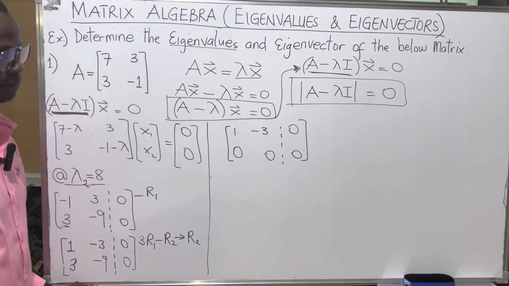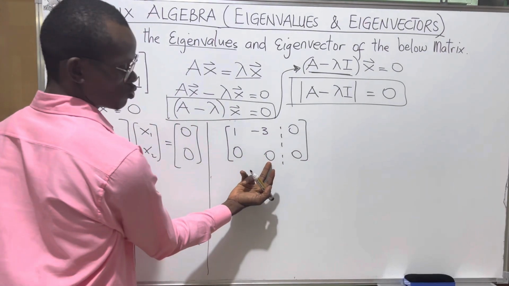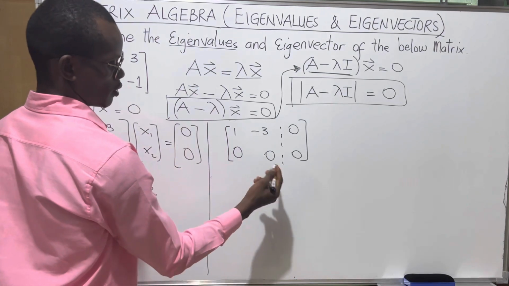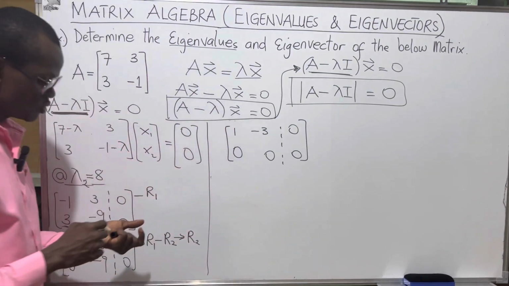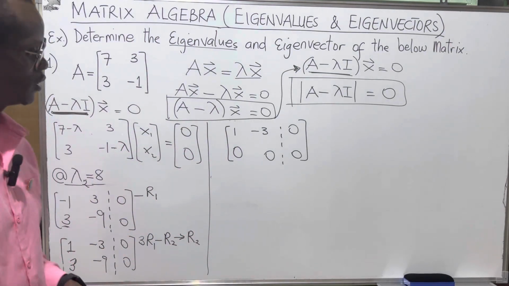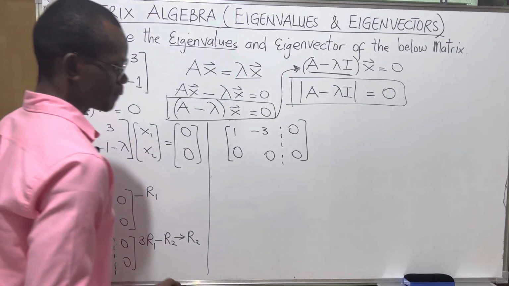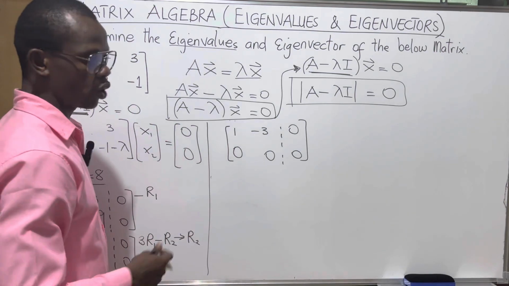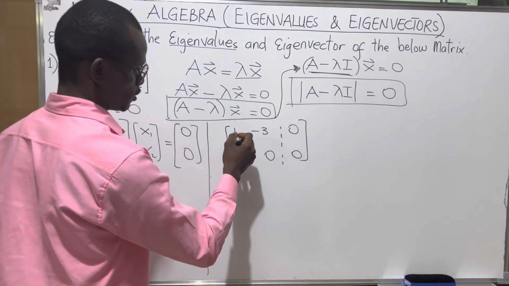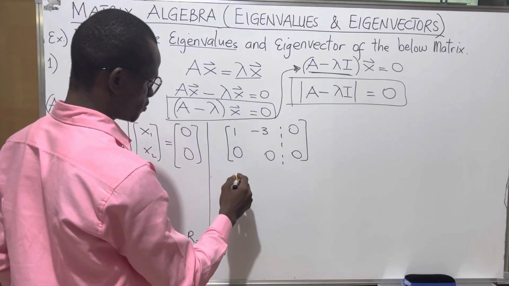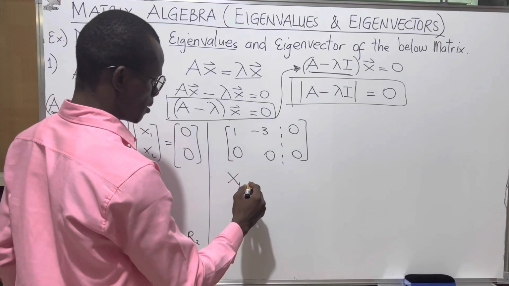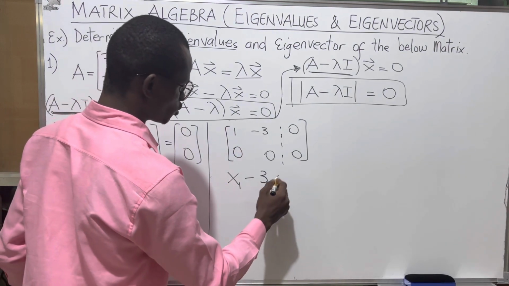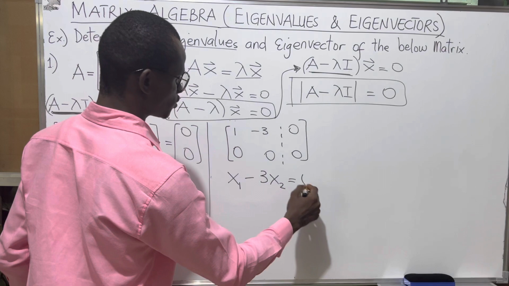So again, we have x2 to be 0. But because we do not need a 0 vector, we're going to allow x2 to be some other values other than 0. So now we have x1 minus 3x2 all equal to 0.